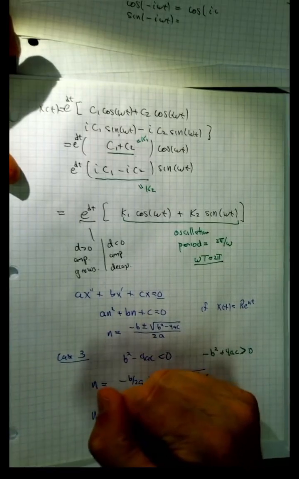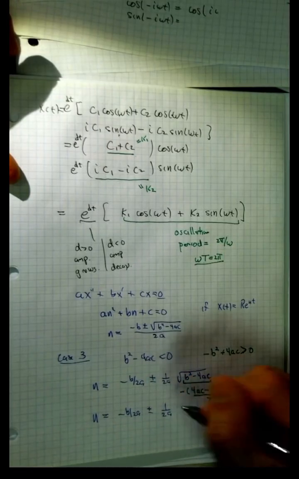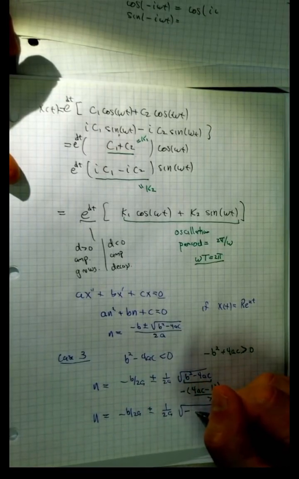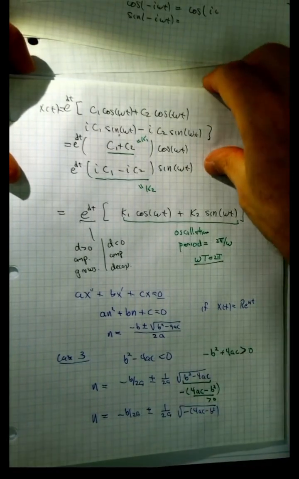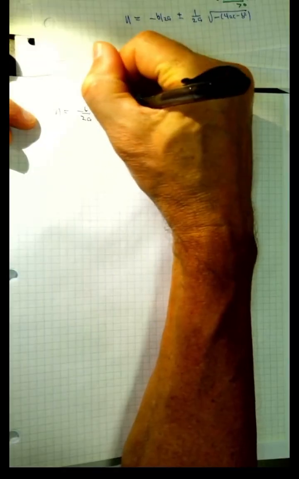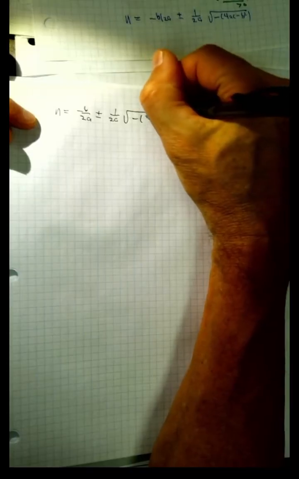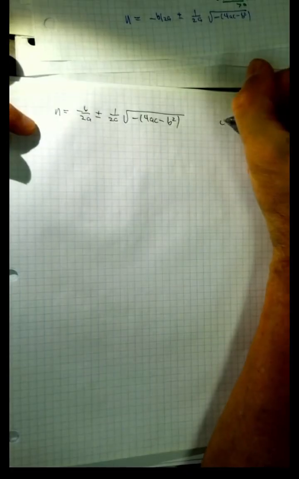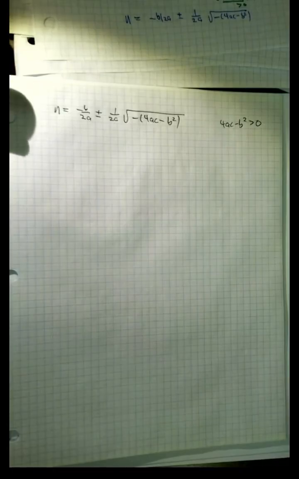So I'm going to have n equals minus b over 2a plus or minus 1 over 2a times the square root of minus 4ac minus b squared. Let's take a closer look at that. I know that 4ac minus b squared is positive from my assumption that b squared minus 4ac is negative.